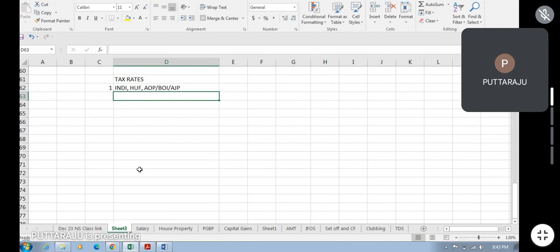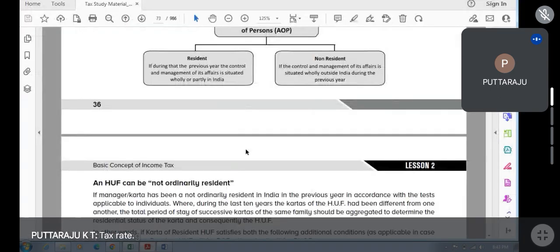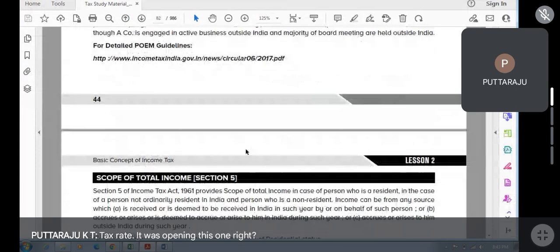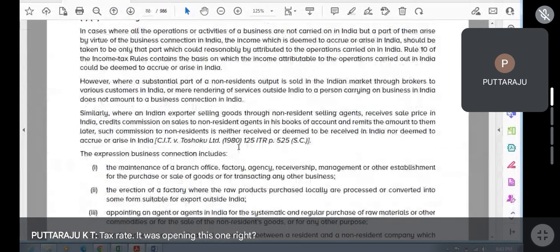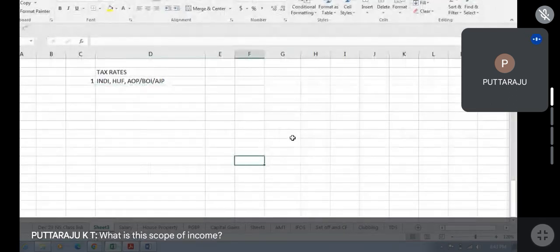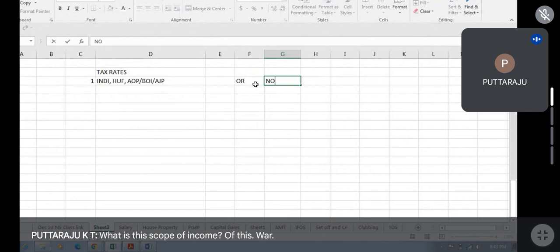Tax rate. I was opening this one, right? What is the scope of income of a resident, NOR, NR?